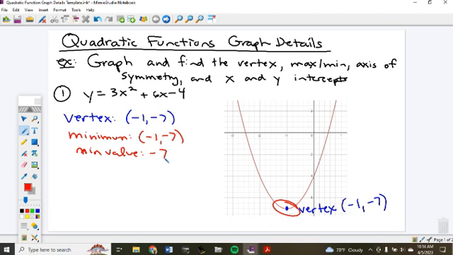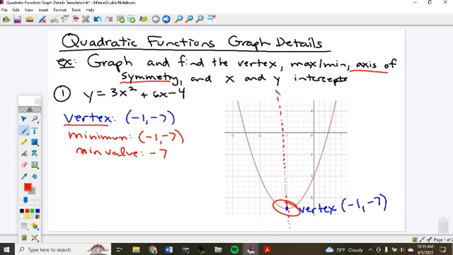There's another piece of information that we get from the vertex, and it is the axis of symmetry. The axis of symmetry is just a vertical line that cuts this parabola into two equal parts. Parabolas, or quadratic functions, are symmetrical. That means I could fold them on this axis of symmetry and they would look exactly the same. They would fold right on top of each other.